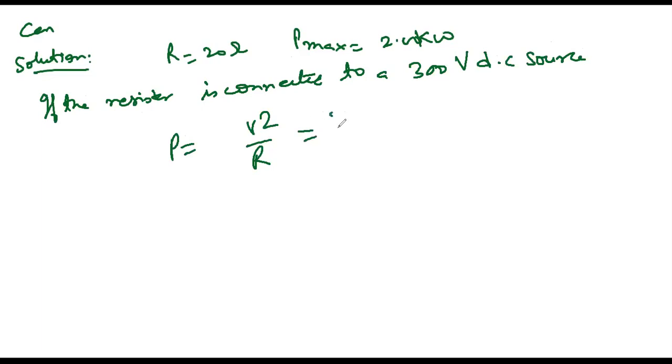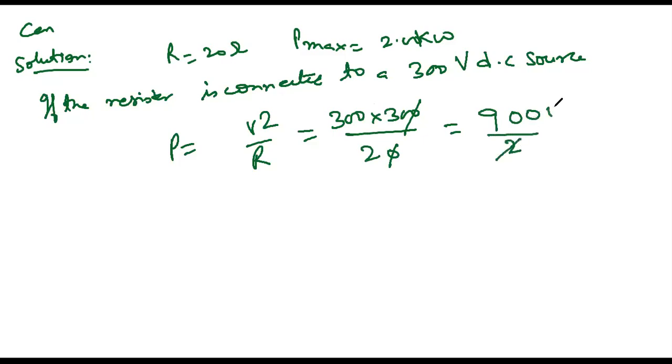So in place of V, you write 300 into 300. Resistance is how much? 20. You'll get 4500 watt. That is 4.5 kilowatt.